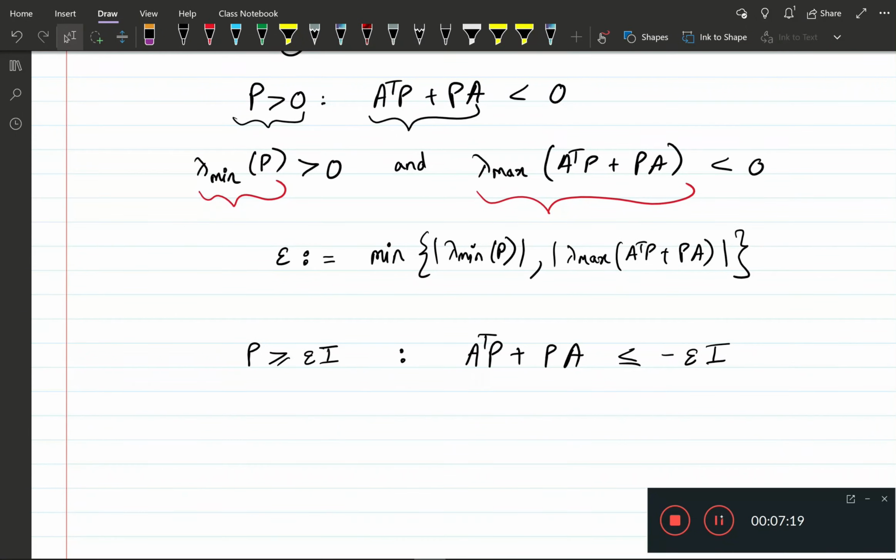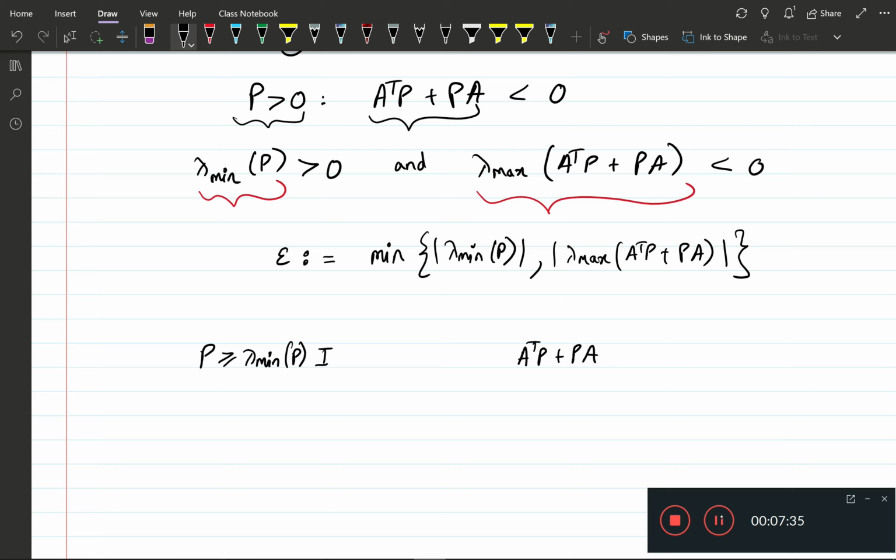So an easier way to see this, let me write this again, is to do this. P is greater than or equal to lambda min of P times I, and A^T P plus PA is less than or equal to lambda max of A^T P plus PA times I, and epsilon is defined as the minimum of these two values. So epsilon has to be less than or equal to this and less than or equal to this.